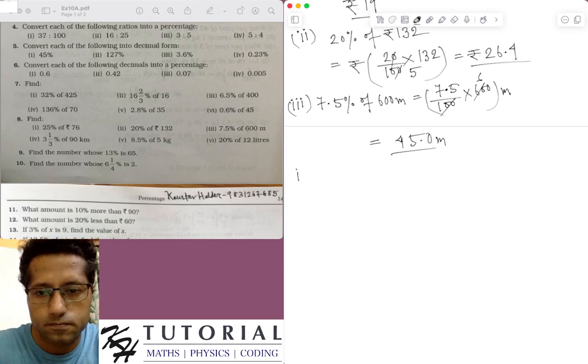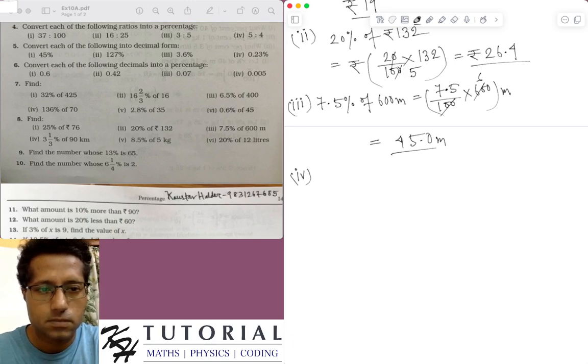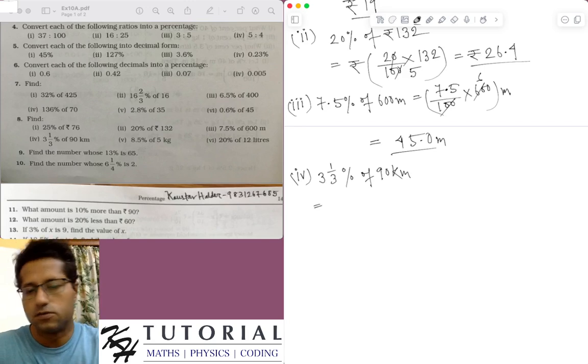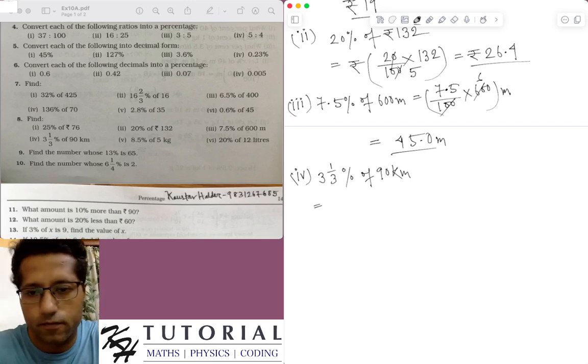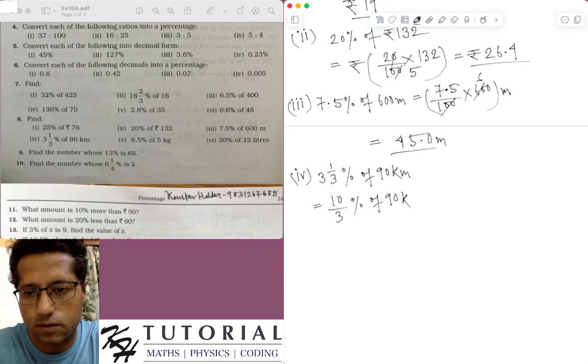Part 4. This is question number 8. It is 3 and 1/3 percentage of 90 kilometer. Now let's first convert the mixed fraction to an improper fraction. It is 10 by 3 percentage of 90 kilometer.